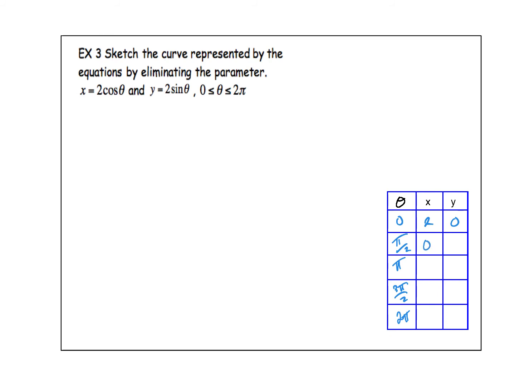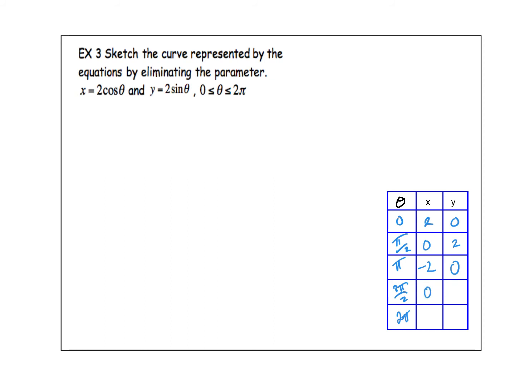And 2 sine at pi over 2 would be 2. Then when we go to pi, 2 cos at pi would be negative 2. 2 sine at pi would be 0. 2 cos at 3 pi over 2, 0.